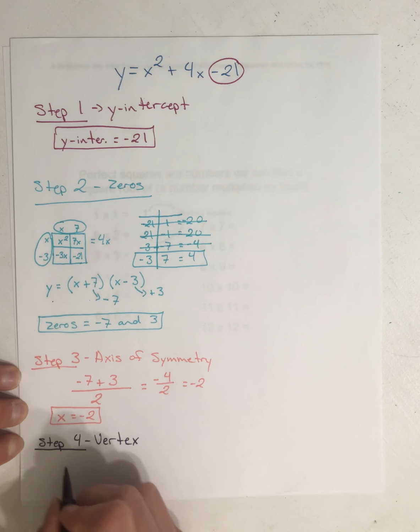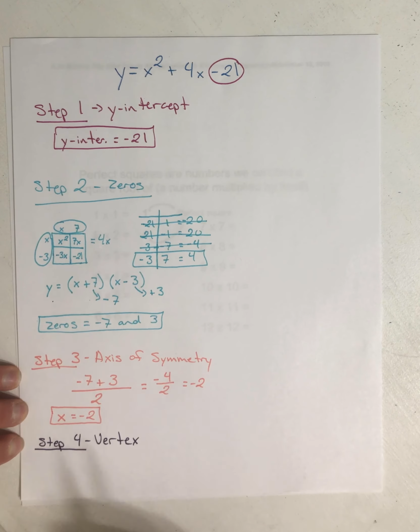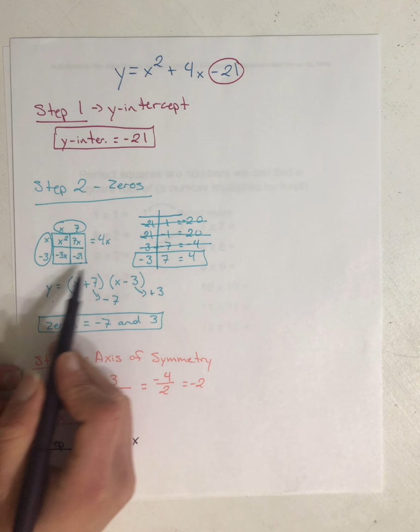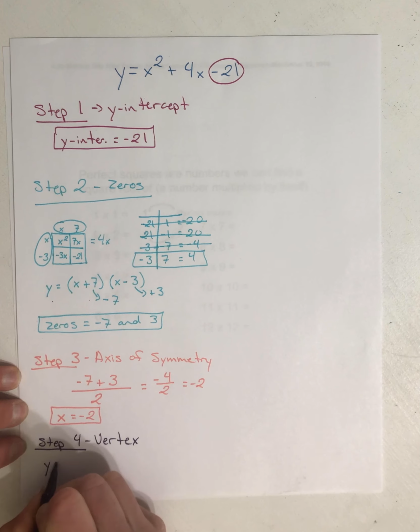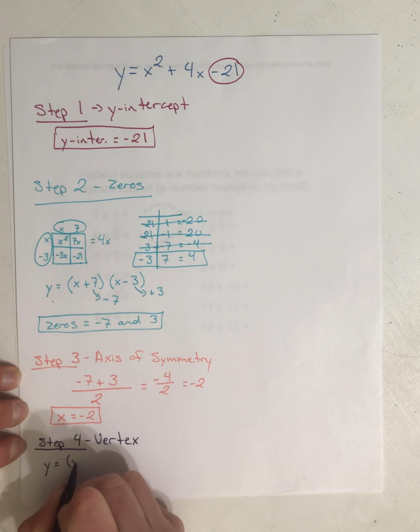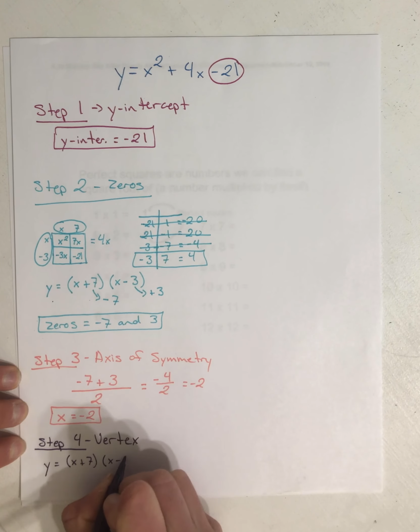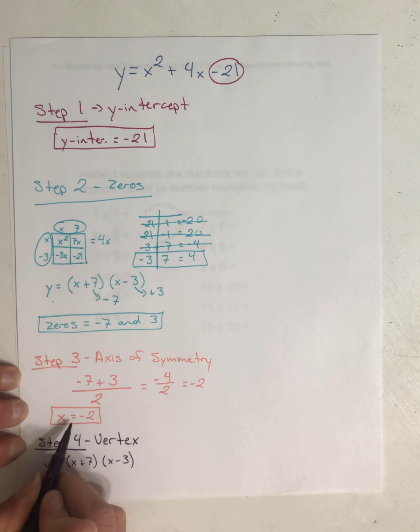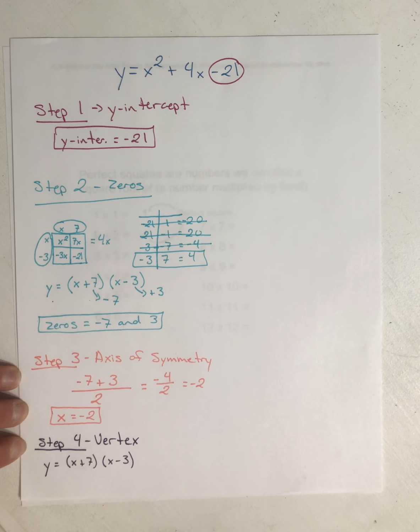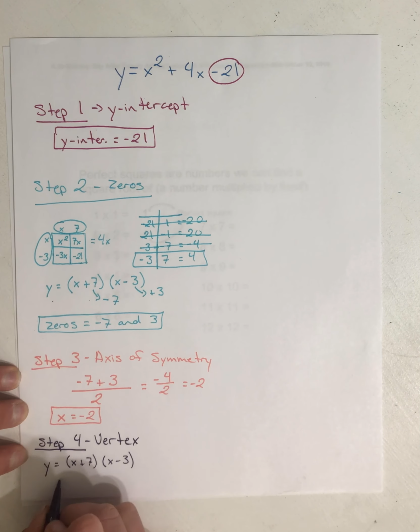With our vertex, we take our factored form, so y equals x plus 7 and x minus 3, and we plug our x value that we just found into it.